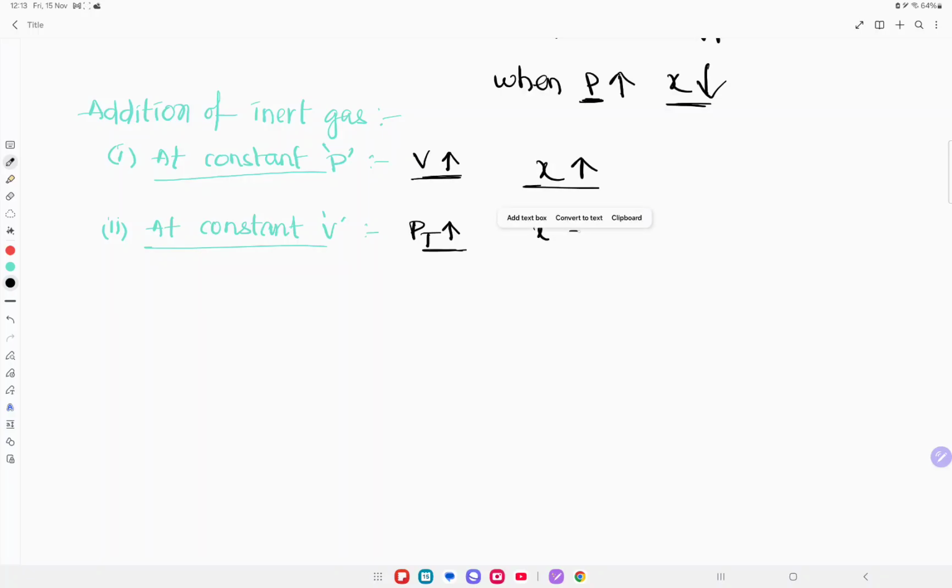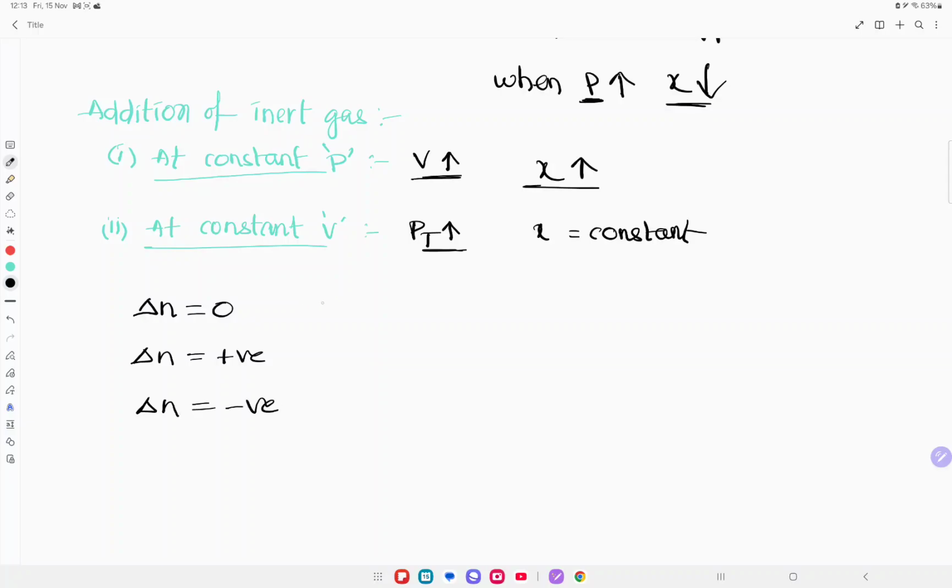X is equal to what? Constant. X becomes constant. So you can see, in the 3 types of reactions, the delta n equal to 0 condition, the delta n positive condition, and the delta n negative condition.